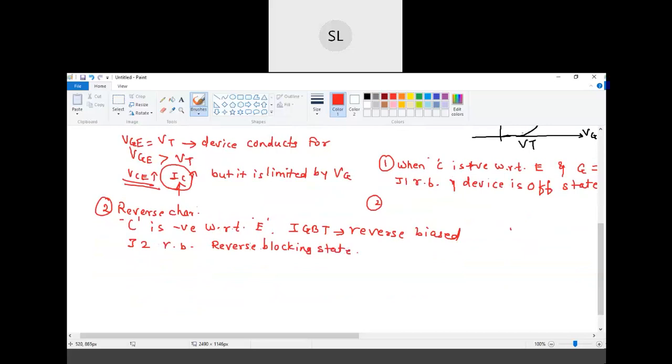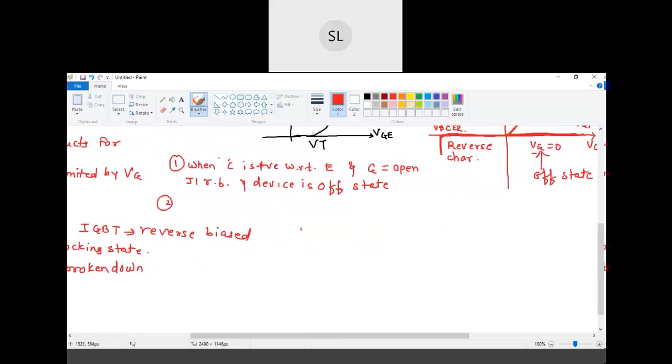Okay. Now if this negative VC is increased, at a certain point of time junction J2 will break down and a large amount of current will start to flow.